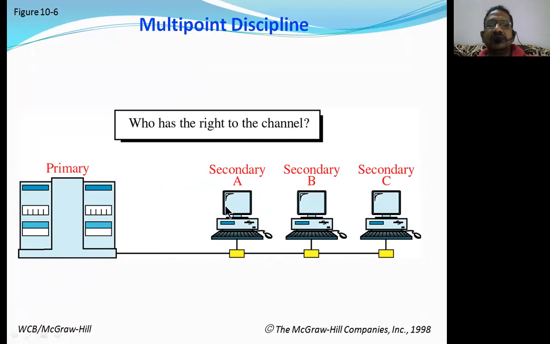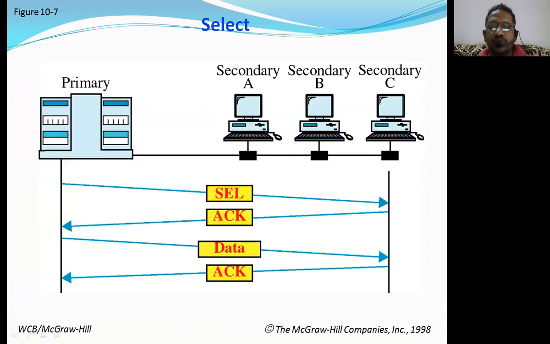That means secondary A, B, C cannot use the single line simultaneously. If station A is using the line to communicate with primary, stations B and C should be in idle stage. Similarly with all other stations. That is the communication happening between these.